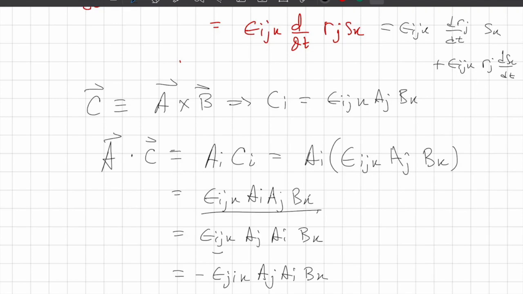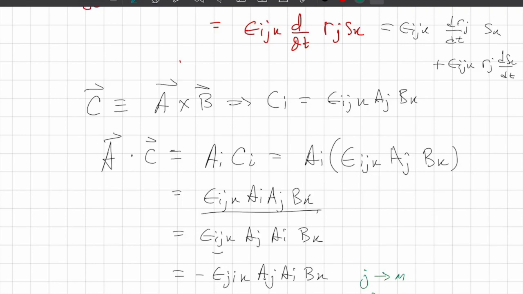Now, do the i and the j and the k mean anything? They don't. They're what's called dummy indices of summation. So I could, if I wanted, let j become m and let i become n, just to make my life a little simpler. And now I get epsilon mnk A_m A_n B_k.